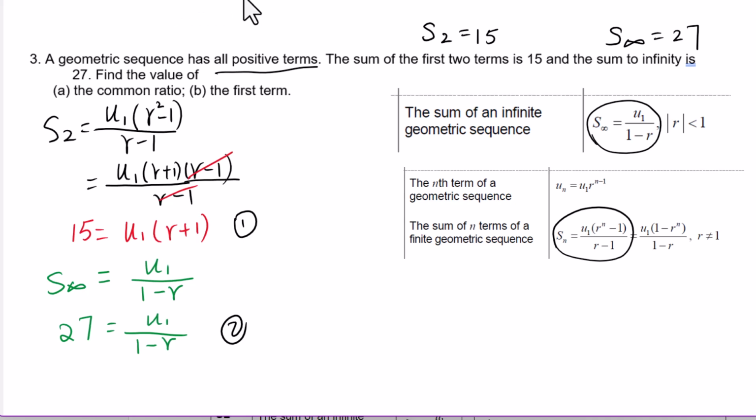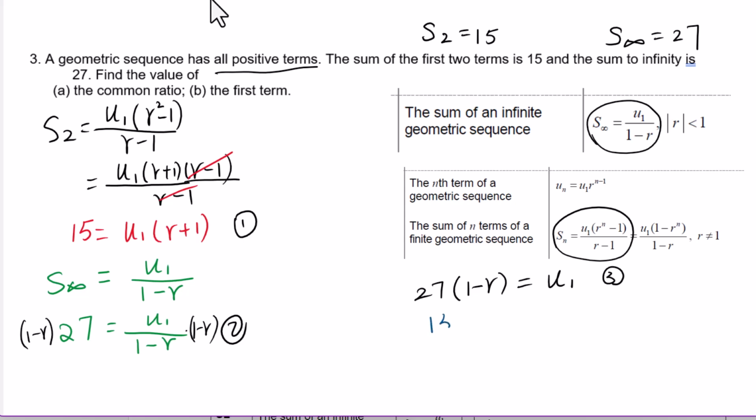For the second equation, we need to get rid of this denominator first, multiply by 1 minus r on both sides. So we got 27 times (1 minus r) equals u sub 1. We will do substitution. Plug u sub 1 equals 27 times (1 minus r) into equation 1.